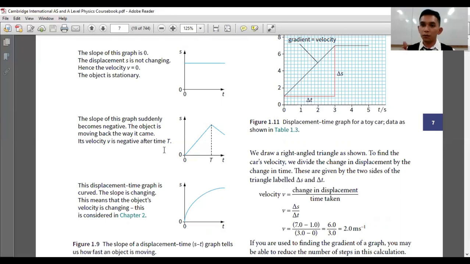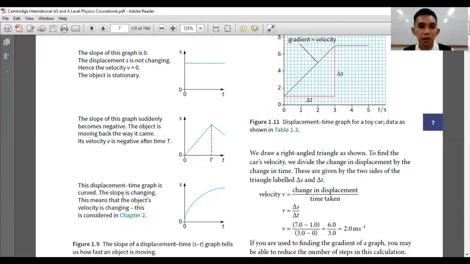After it moves forward, it goes back. So the graph will look like this, because it will come back to its original position. The displacement can be 0 because it goes back to its original position.